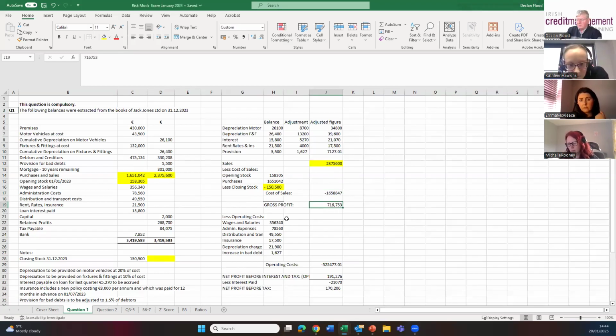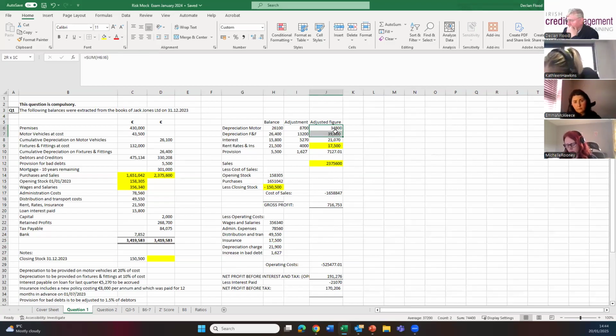And that's your first branch of marks. Then you have your expenses: your wages and salaries, which I've added in there, your admin expenses, and your insurance. Now, your insurance is your adjusted figure. Are you with me? So you don't take the figure from the P&L account, you take your adjusted figure. Your depreciation charge is also your adjusted figure.